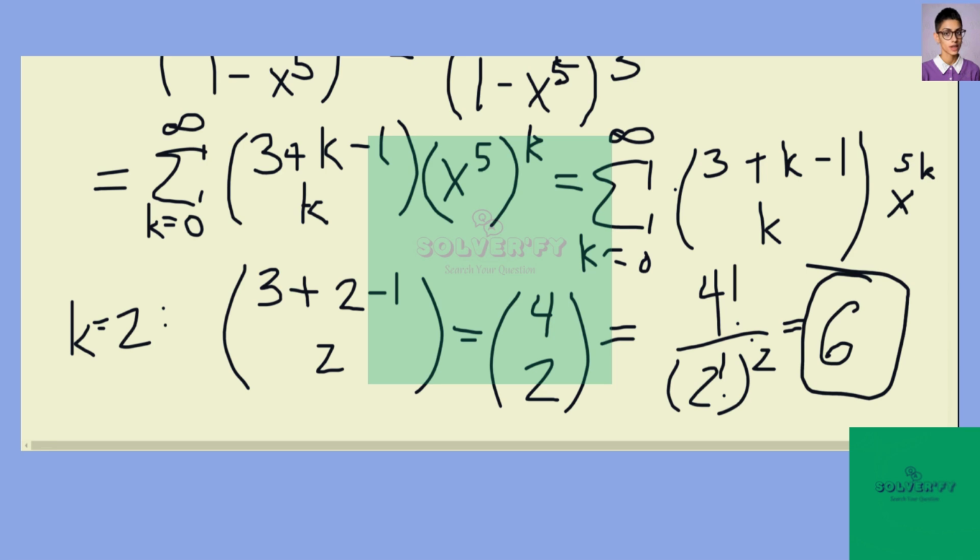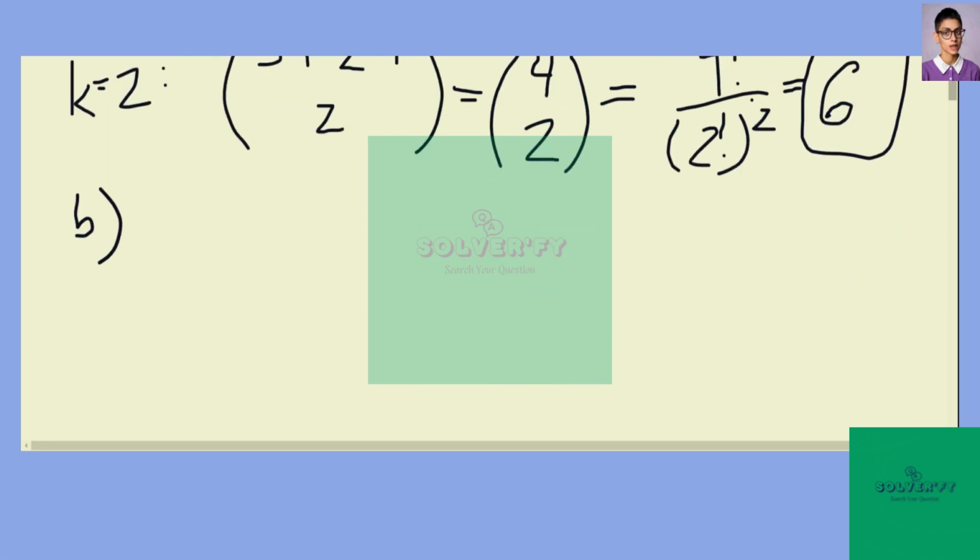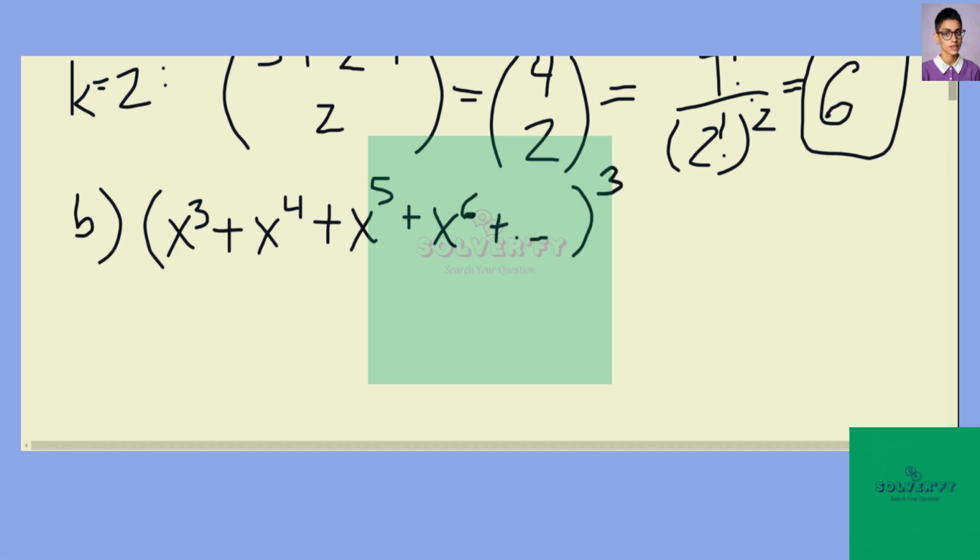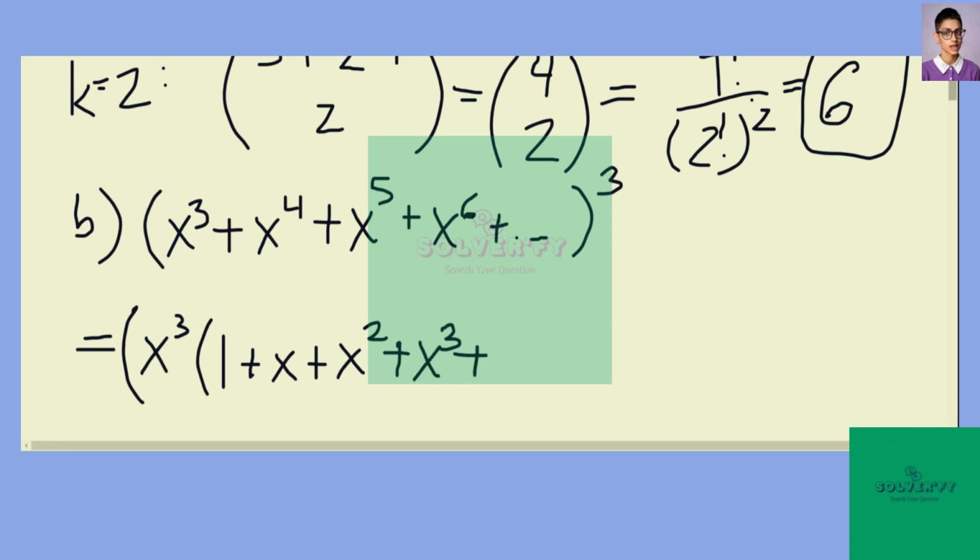In part B, we're given the function x cubed plus x to the 4th plus x to the 5th plus x to the 6th, and so on, cubed. We can rewrite this as x cubed times 1 plus x squared plus x cubed, and so on, all cubed.